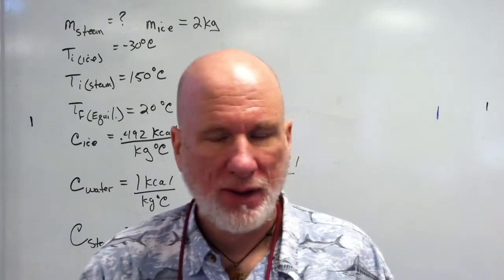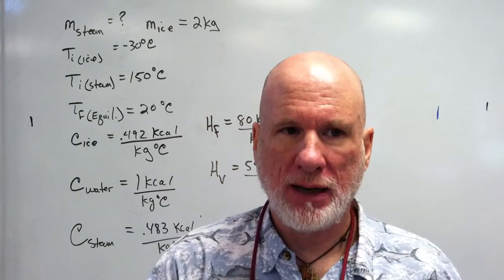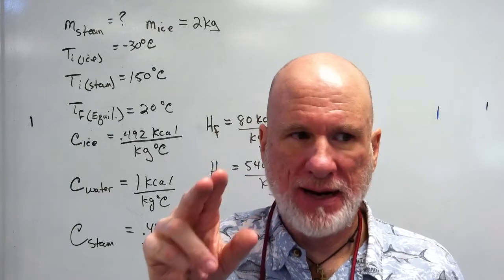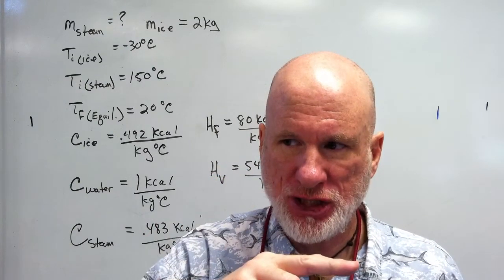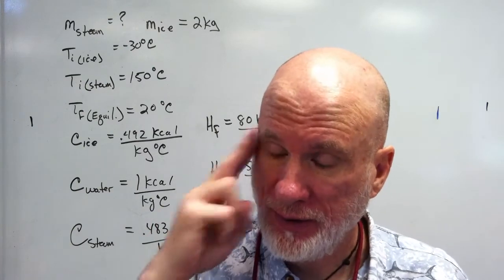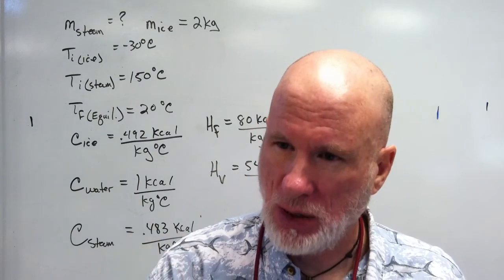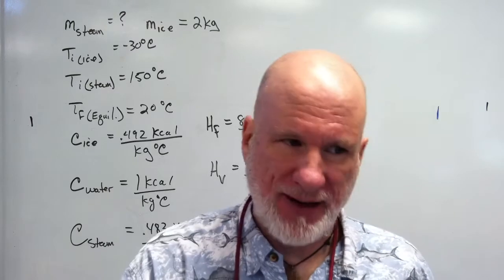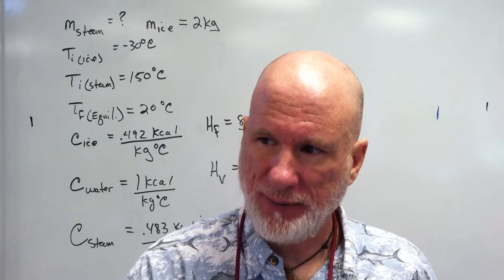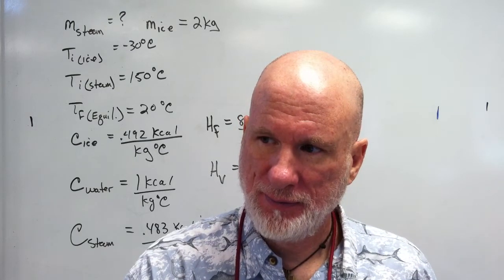Now, Q4, where it gave up the heat of vaporization, would also be negative, but that's not mathematically negative. You have to make that negative because you know that the steam is giving up 540 kilocalories per kilogram, correct?